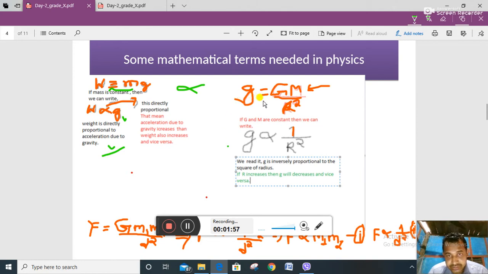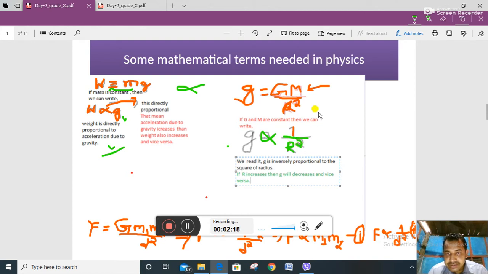Second, g equals GM by r square. If G and M are constant, then we can write g is proportional to 1 by r square. We are just changing the equals sign into this sign.